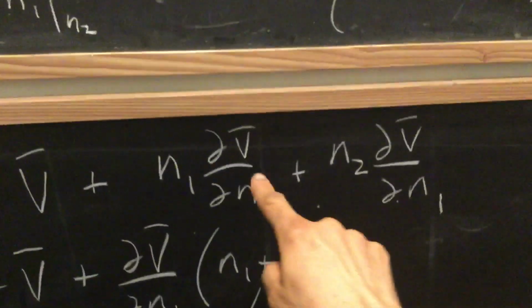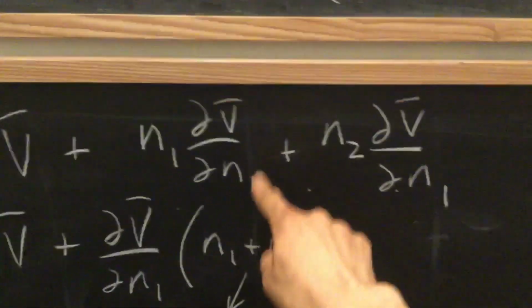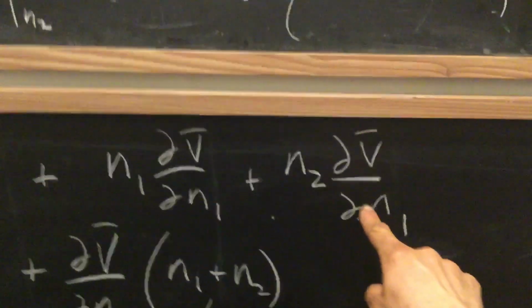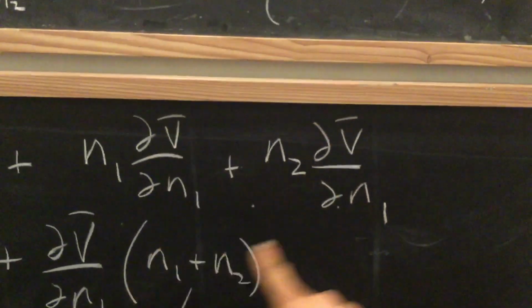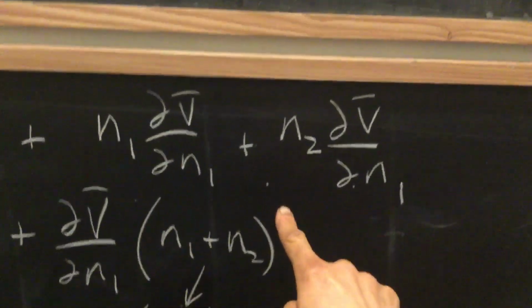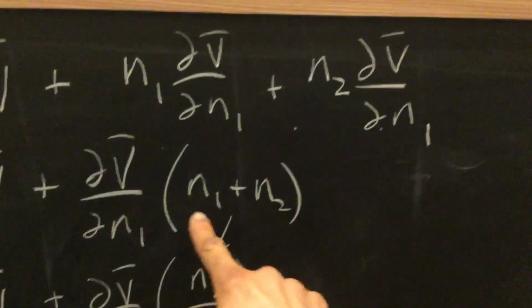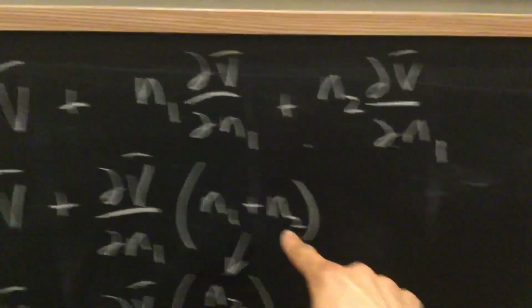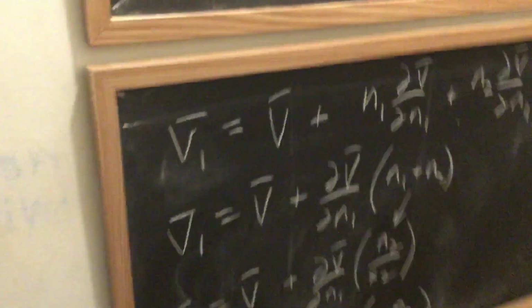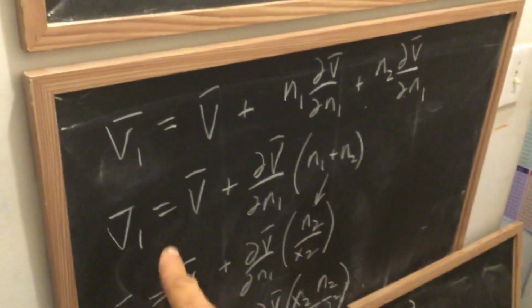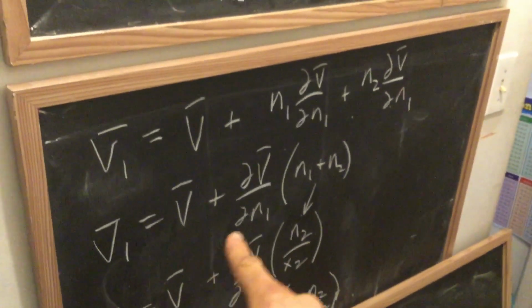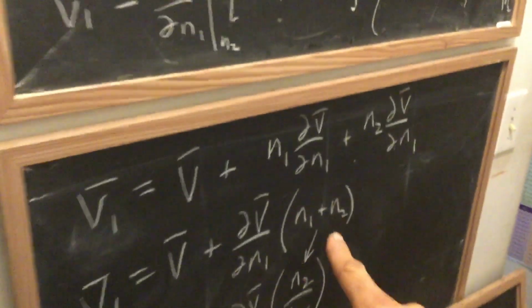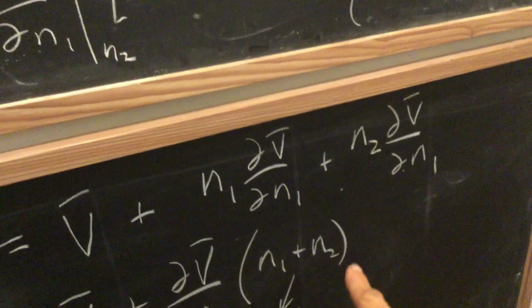Notice that this is dV bar dN1, and this is also dV bar dN1. So I can factor out dV bar dN1. So if I factor out dV bar dN1, I'm going to get dV bar dN1 times N1 plus N2, yeah? So copy everything down, all right? There it is, V1 bar equal to V bar, just copy that down, plus the factored out dV bar dN1, all right?